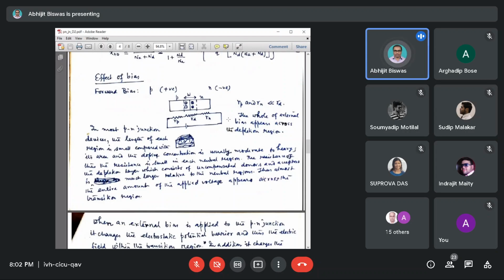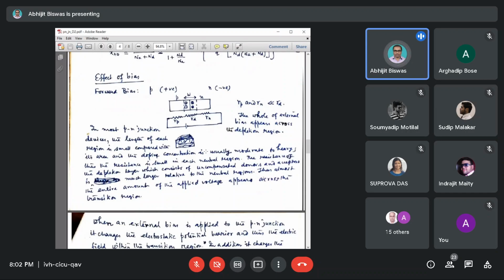So if we draw the electrical equivalent circuit for this PN junction diode under forward bias, you can represent it by this circuit diagram just underneath this PN junction schematic diagram.